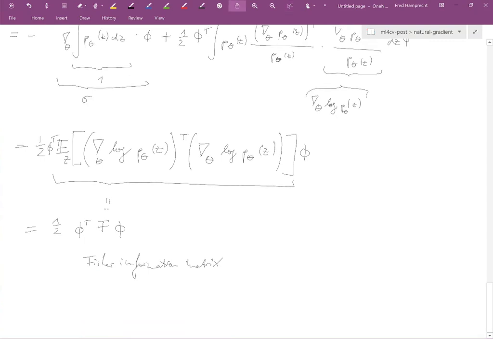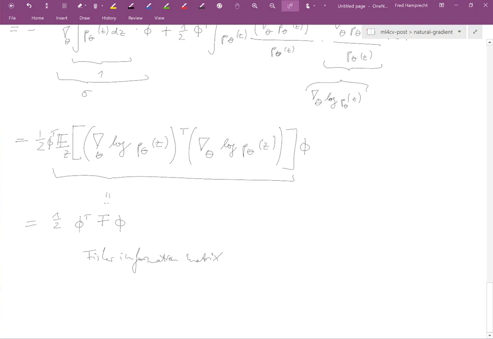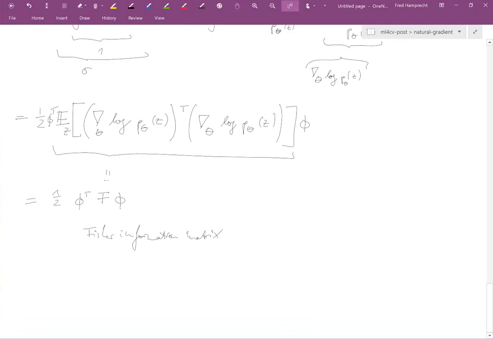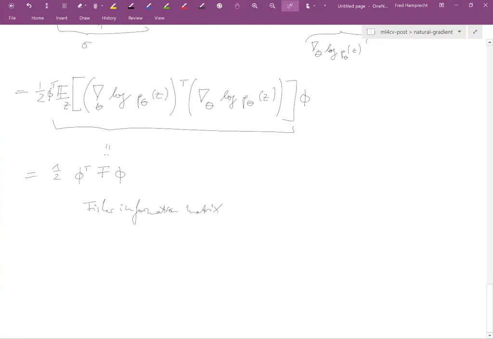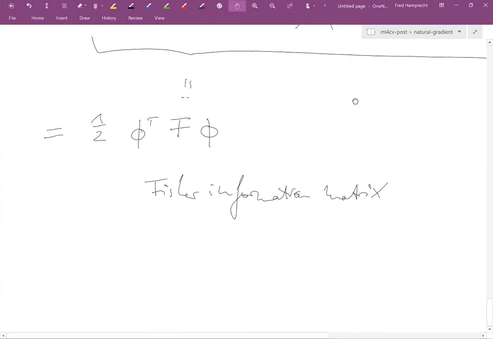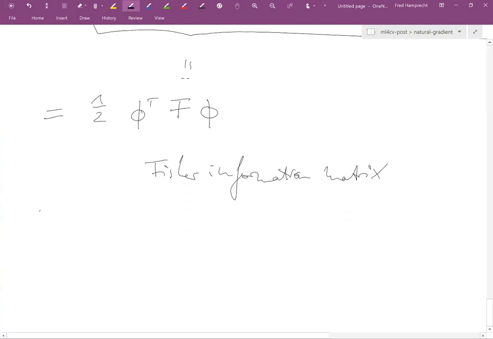Okay, and now we can use this prox operator. So we can say that theta t plus 1 is theta t.